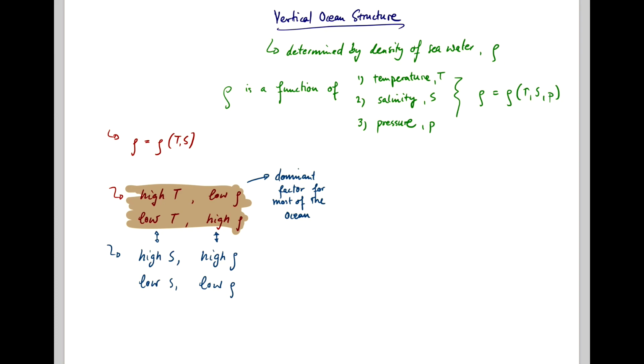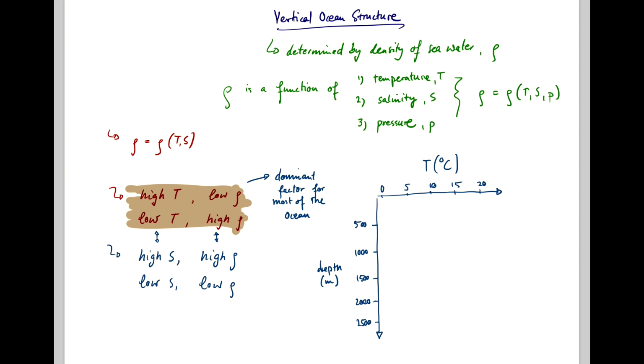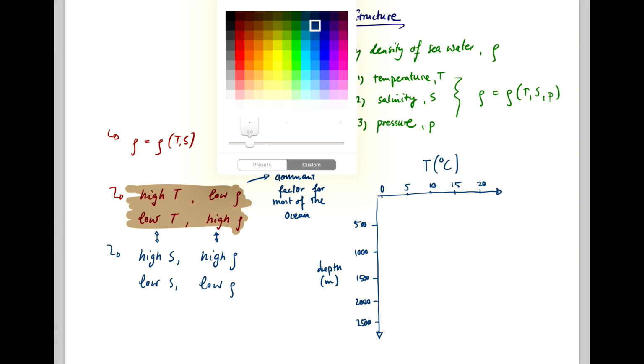So if we draw a temperature profile, let's say we have temperature in degrees C on the horizontal, and then depth going down. So we have 0 degree, depth in meters.